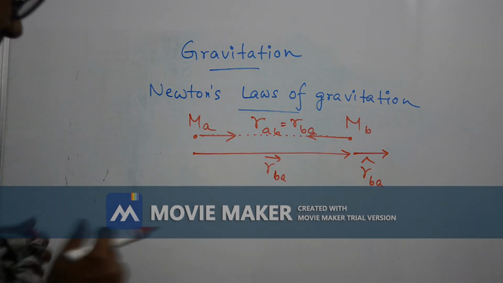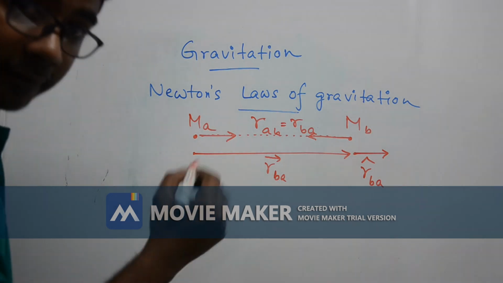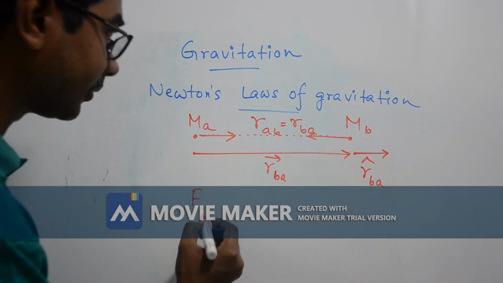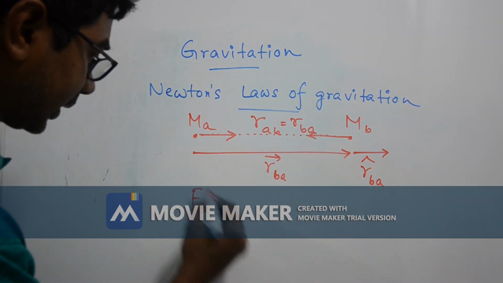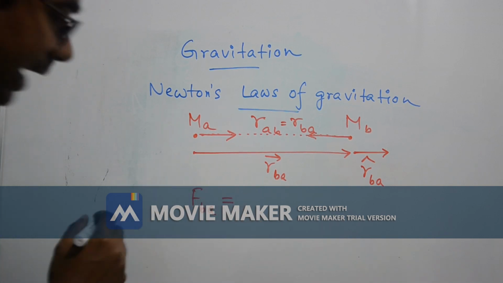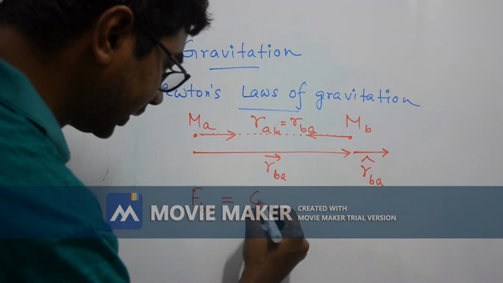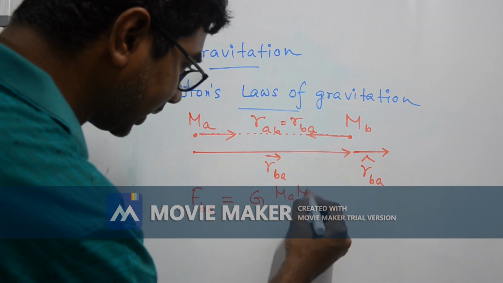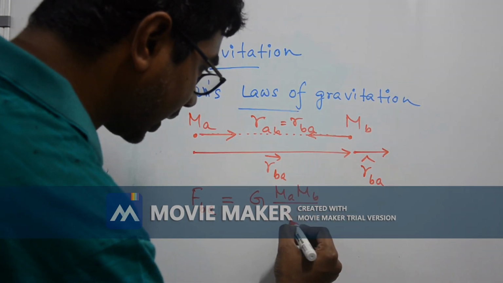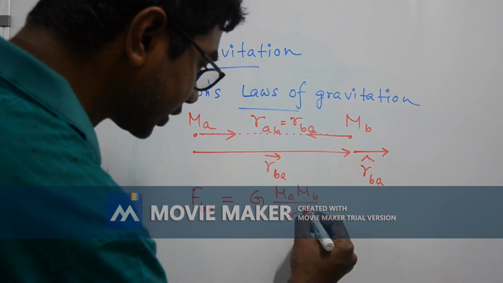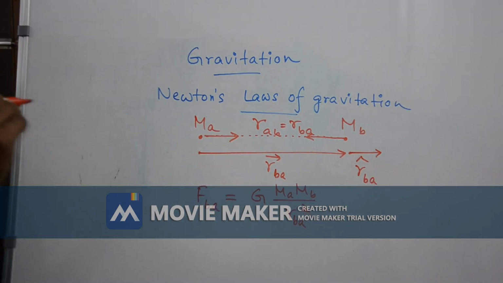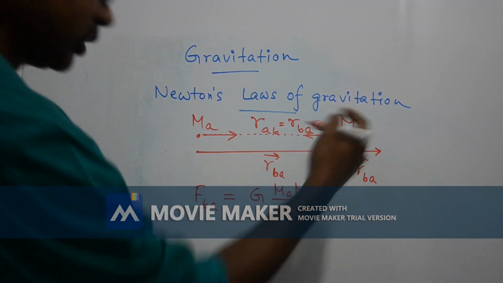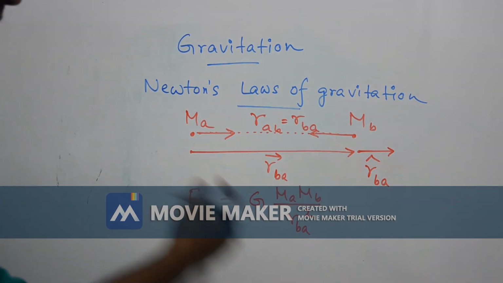Now it becomes very easy for us to write the force FBA. First write the magnitude, it's G ma mb divided by RBA squared, that we have already written. Now we have to introduce the unit vector because we have to write the force in terms of that.